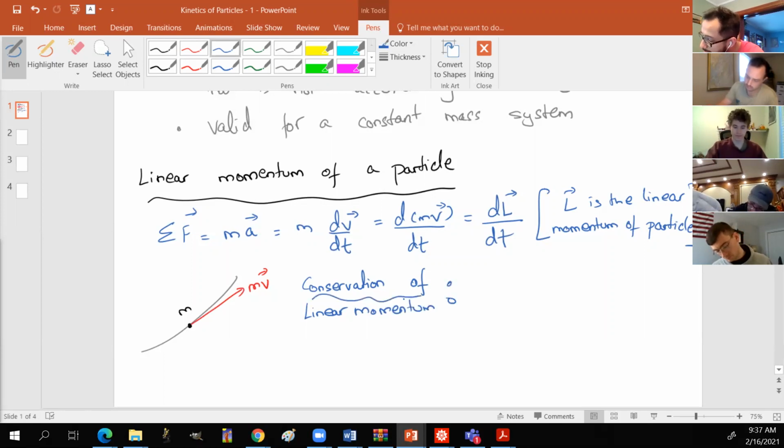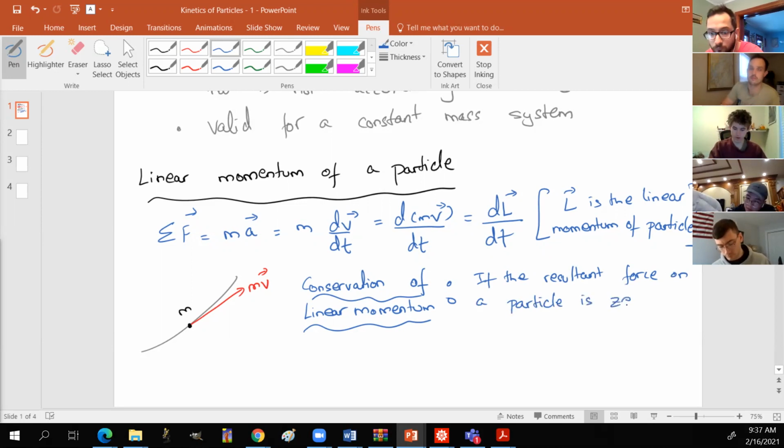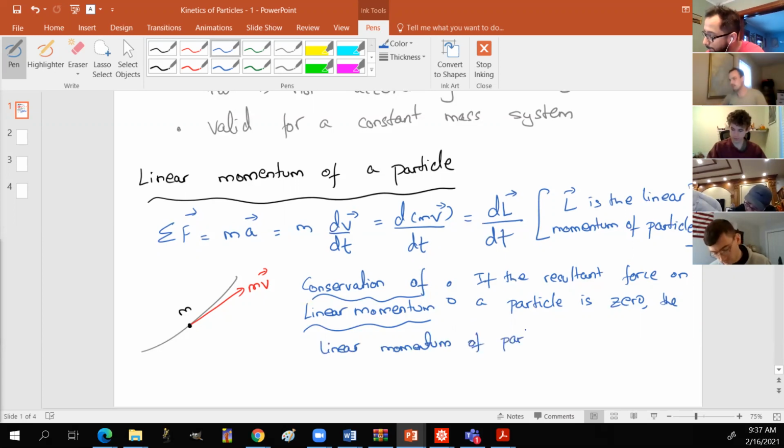That states that if the resultant force on a particle is 0, the linear momentum of the particle remains constant.